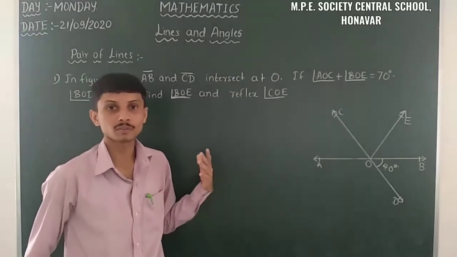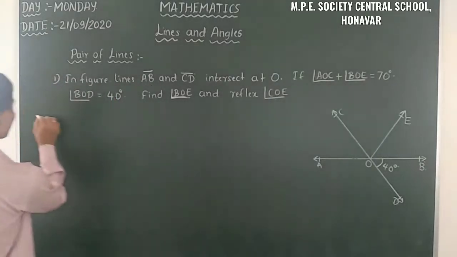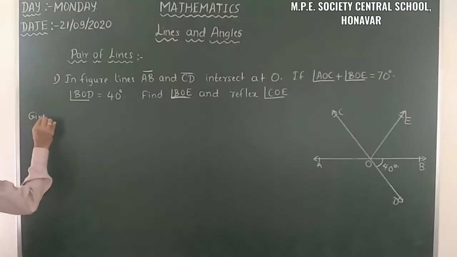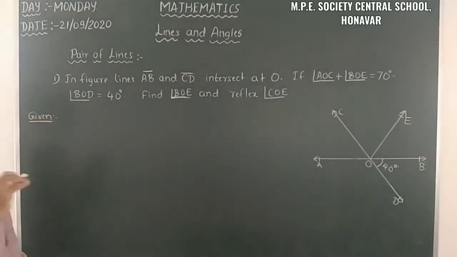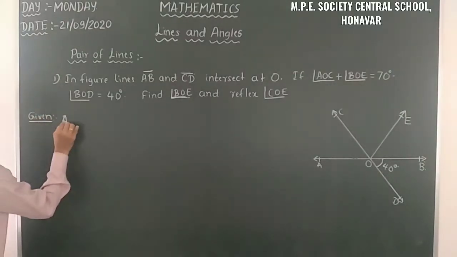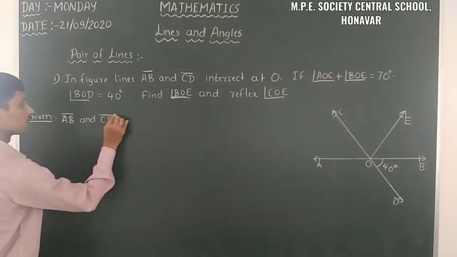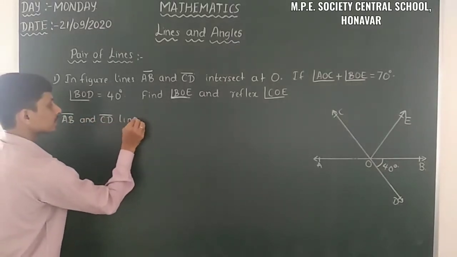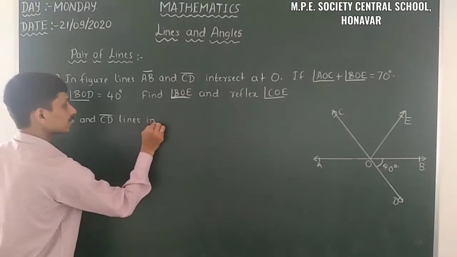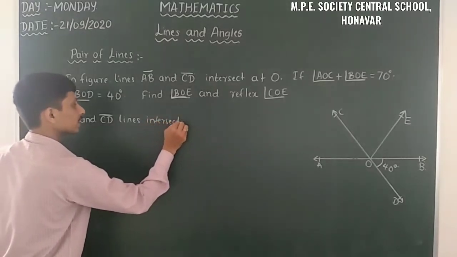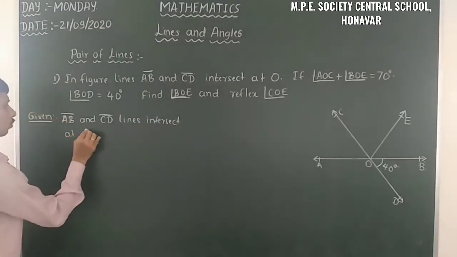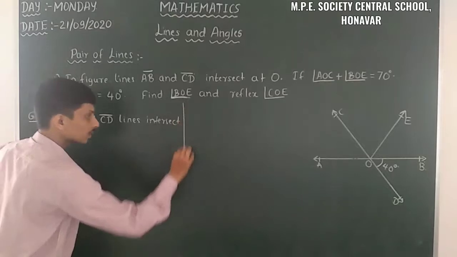Firstly, we have to write what the given things are. Here, lines AB and CD intersect at O. This is one of the given things.